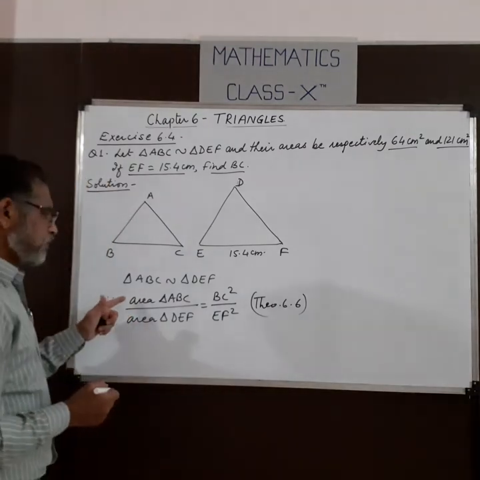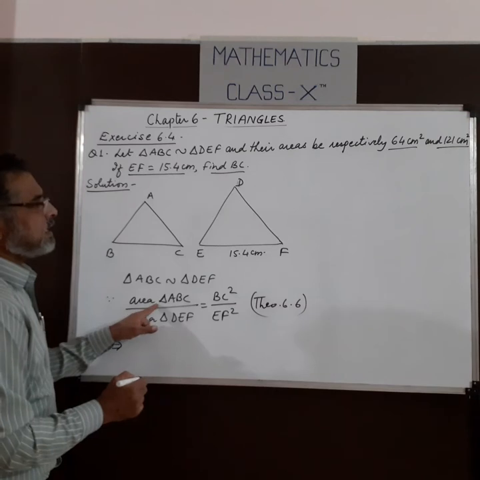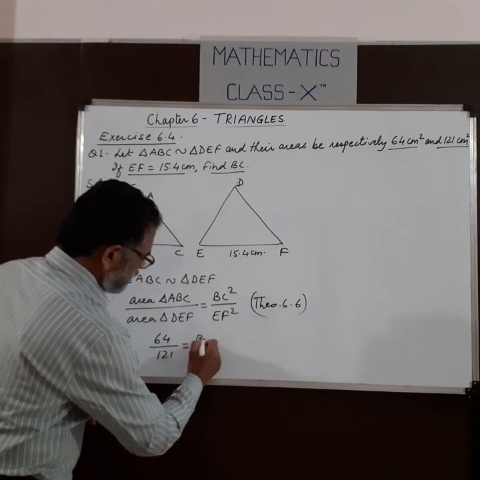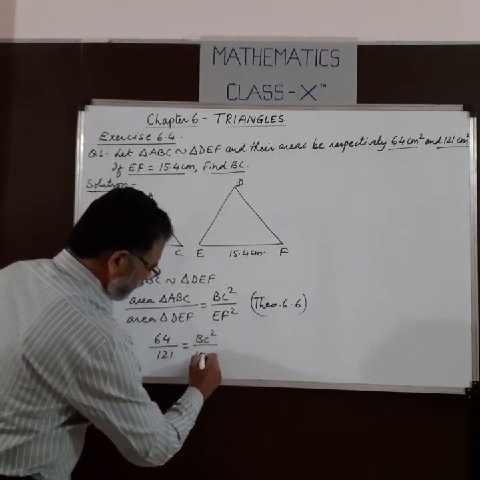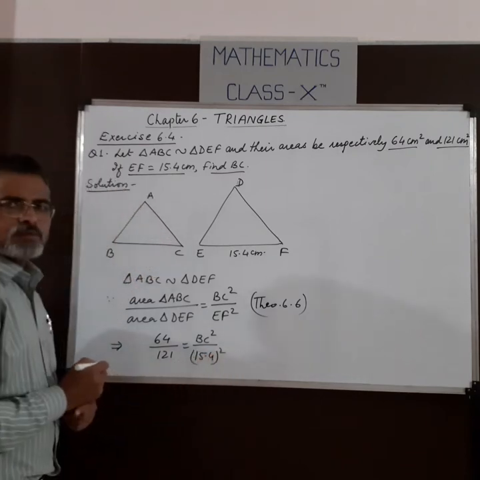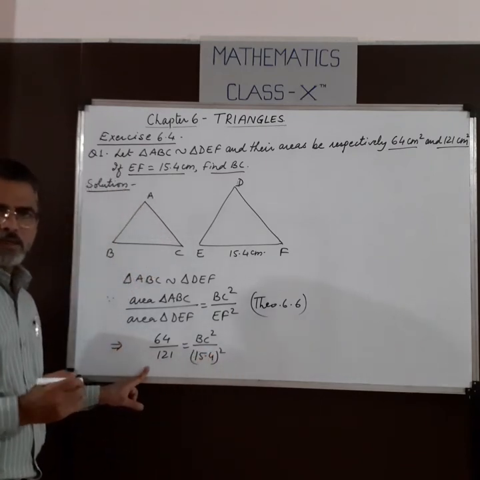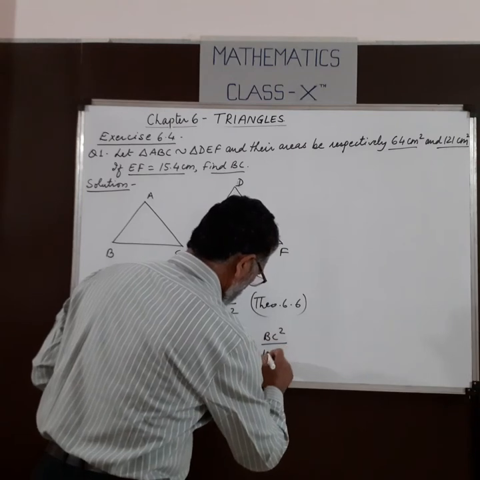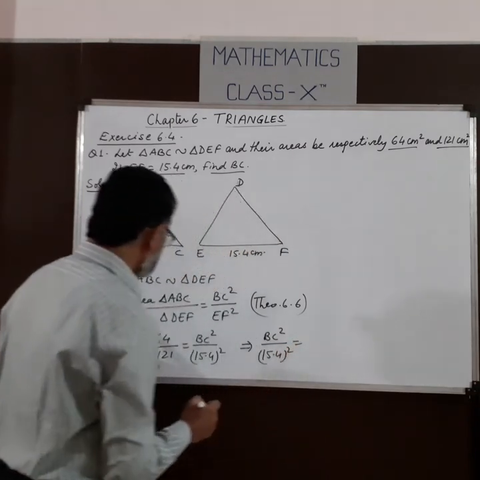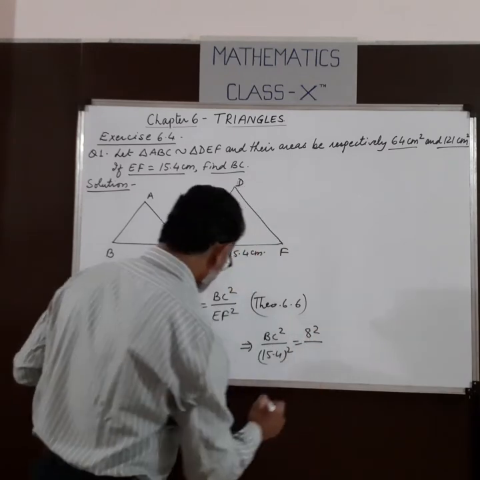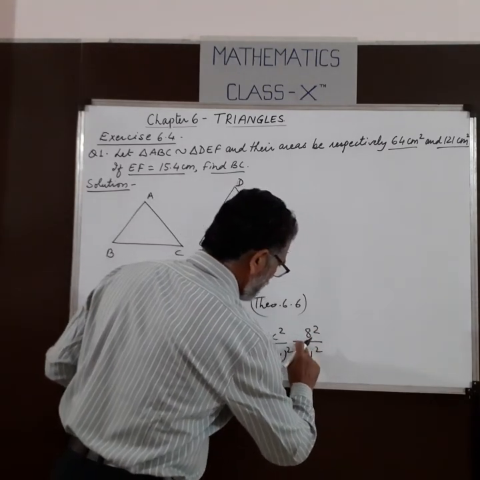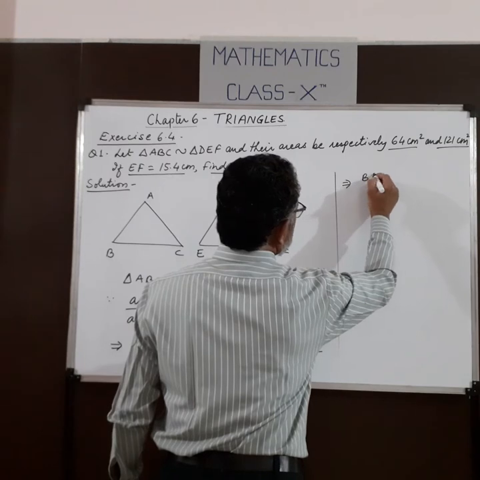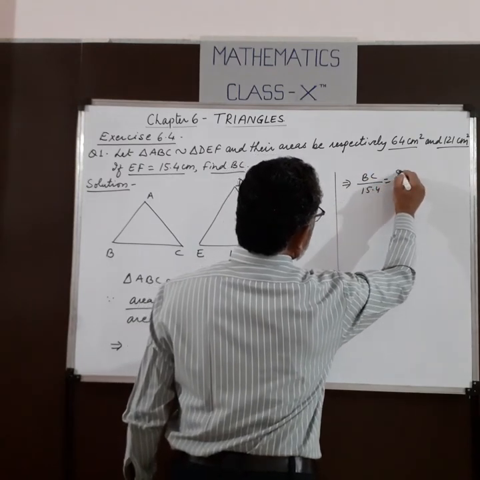Okay, now we put the values. Area of triangle ABC upon area of triangle DEF is 64 upon 121, equal to BC square upon 15.4 whole square. Now 64 and 121 are complete squares. So BC square upon 15.4 whole square can be written as 8 square upon 11 square. Taking the square root, we have BC upon 15.4 is 8 upon 11.